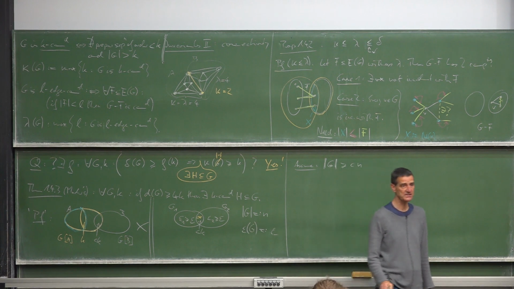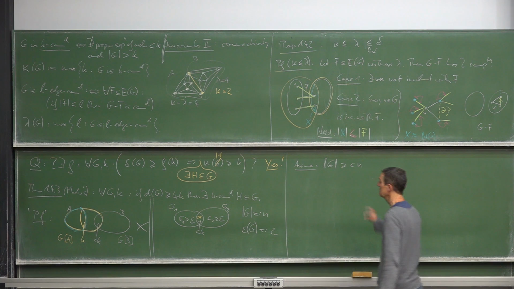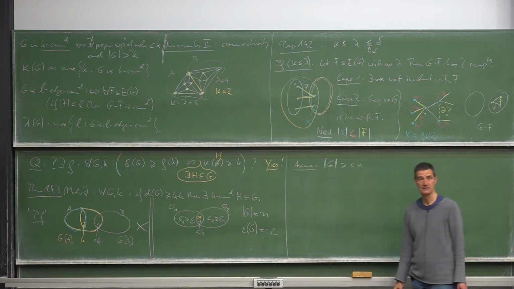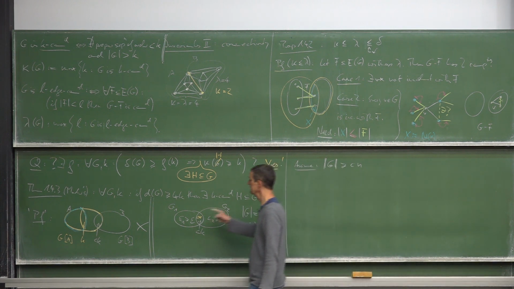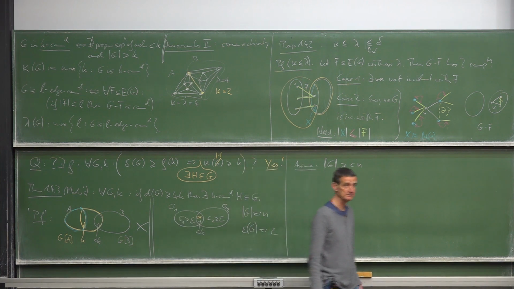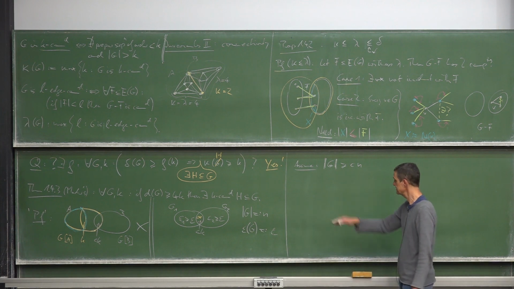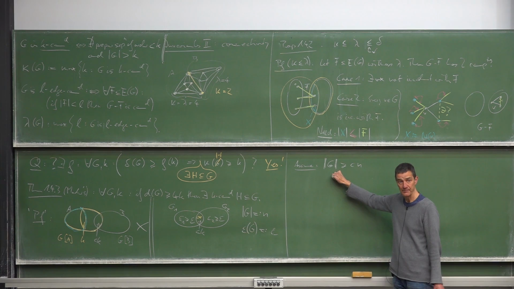C is a constant, which I'm promising is going to be 2k, right? We shall be proving that if the average degree is at least 4k, so if epsilon is at least 2k, then this H exists, and epsilon being at least 2k means that G has how many edges?